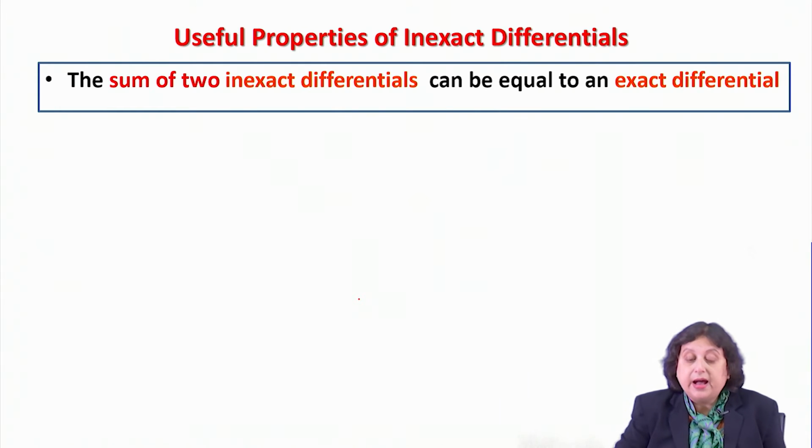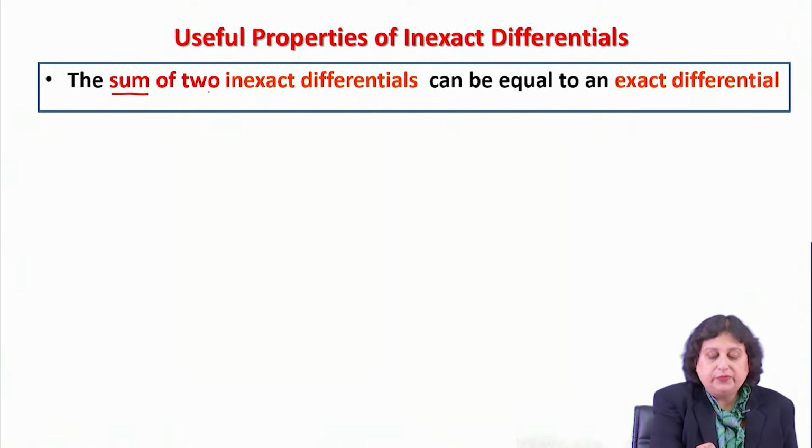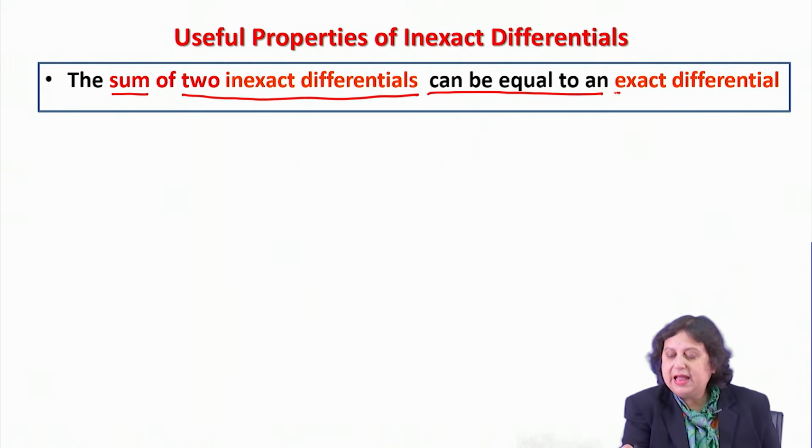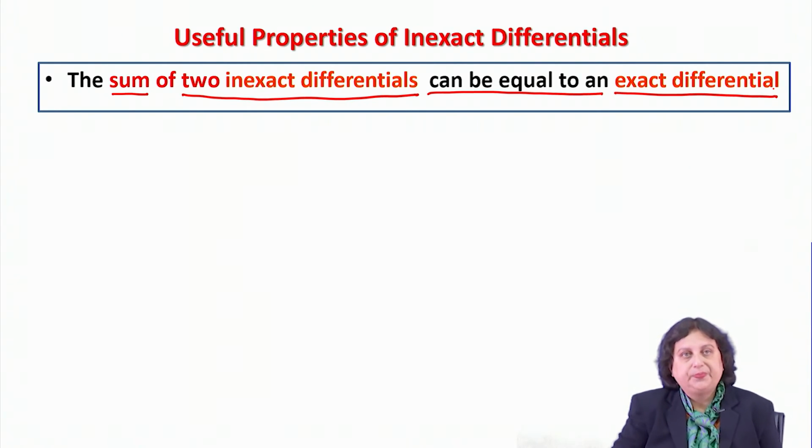Here, I have highlighted one very important property of the inexact differentials, and it says the sum of two inexact differentials can be equal to an exact differential. Now, I will not go into a rigorous mathematical proof of this statement. Rather, for the purpose of understanding the principles of thermodynamics, I will take a simple graphical route.